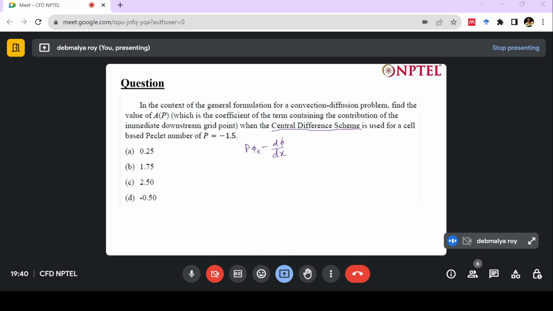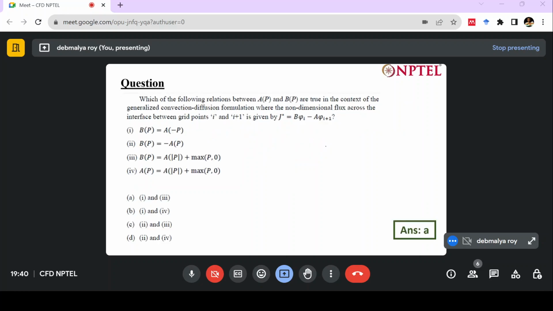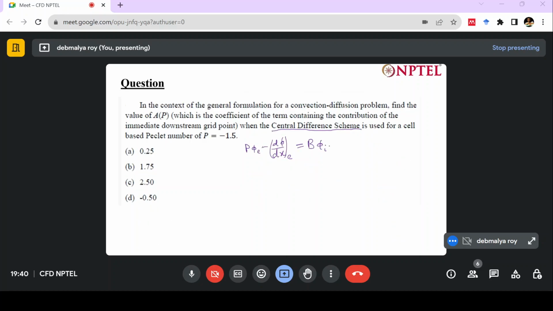X here means x by delta. This is equal to v by minus a.